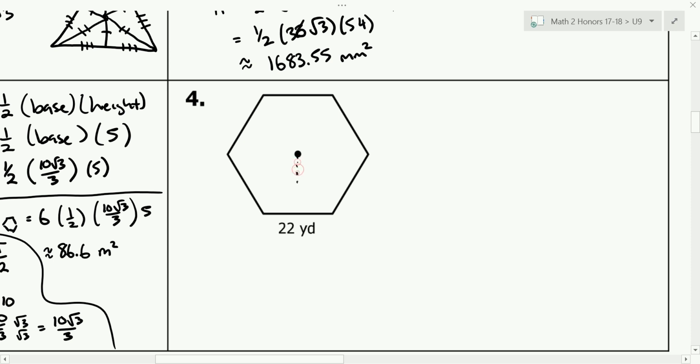Okay, so you drew the apothem right here? Okay. Good. So we already have that. So this is 11, this is 11.